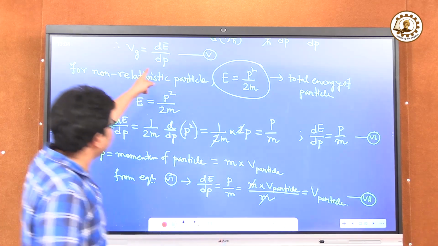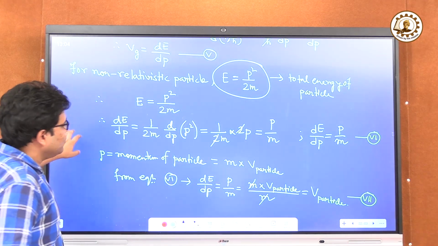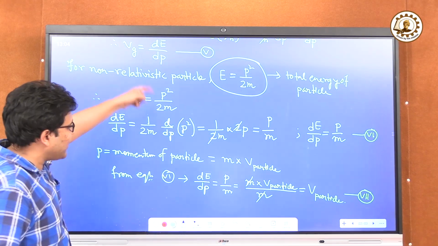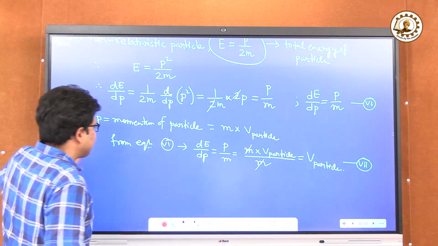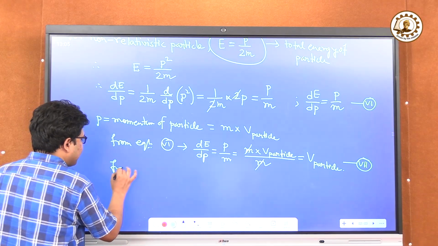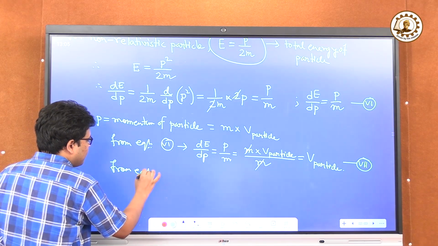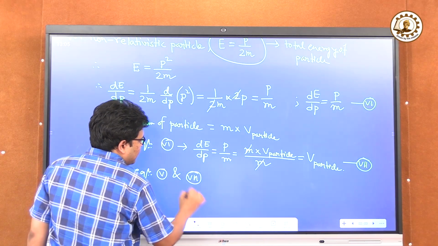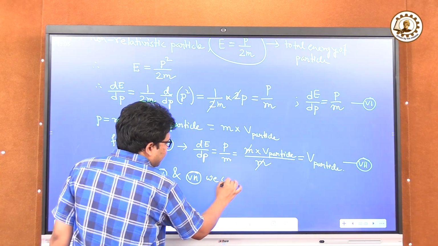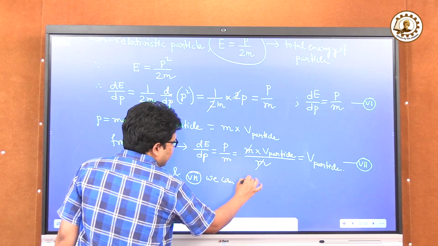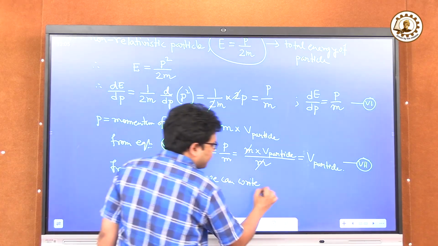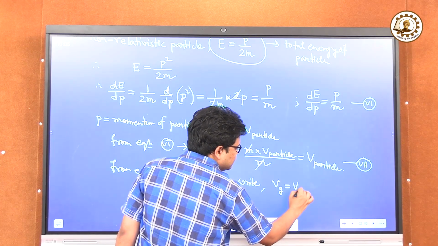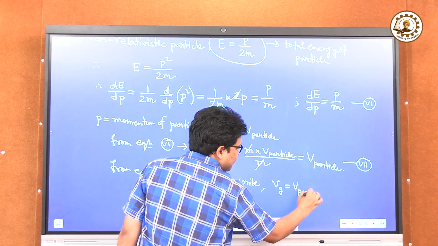So from equation number 5 and equation number 7, we can compare both sides and write Vg equals V particle.